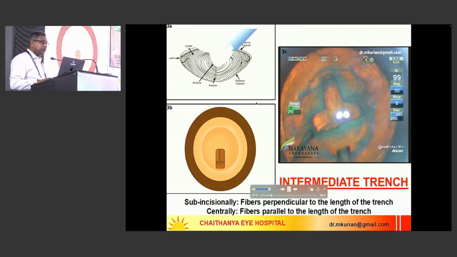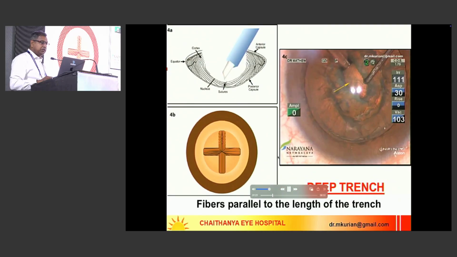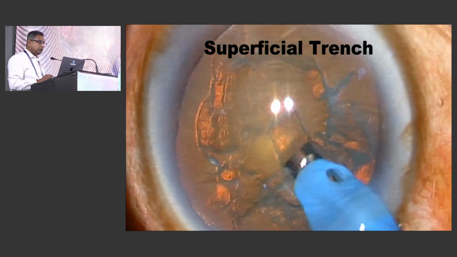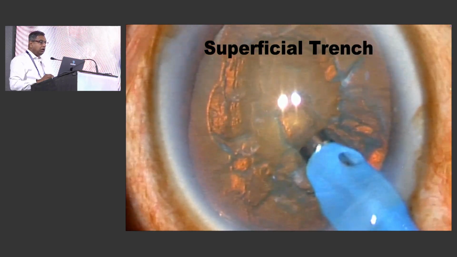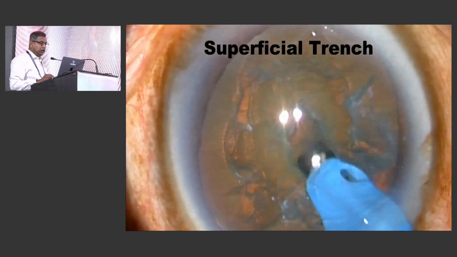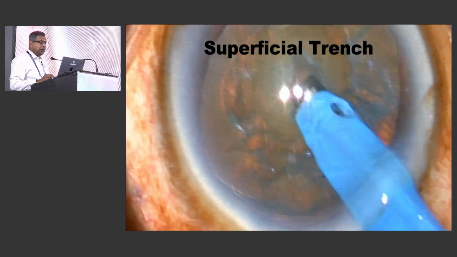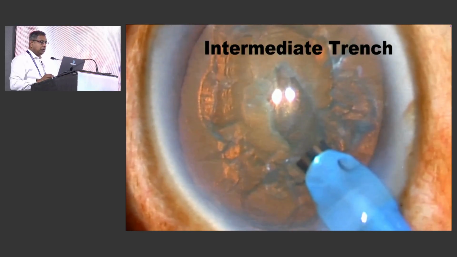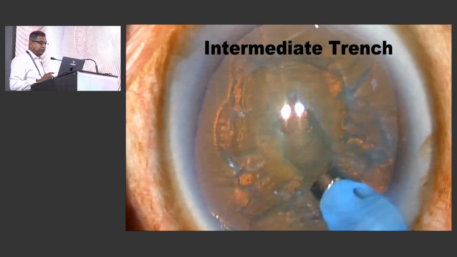As you make your superficial groove, you can see cross striations in the floor in the red glow. In a little deeper groove, the intermediate trench, cross and linear striations are visible. In a further deeper groove, you will see all linear striations as you come to the posterior plate, and that's called a deep trench.